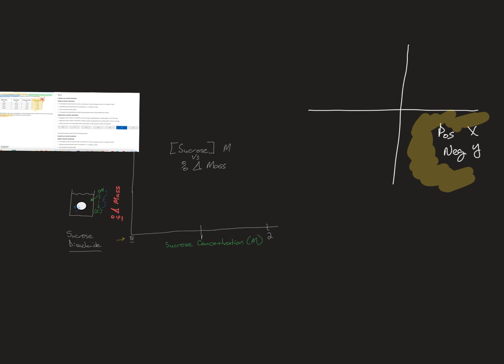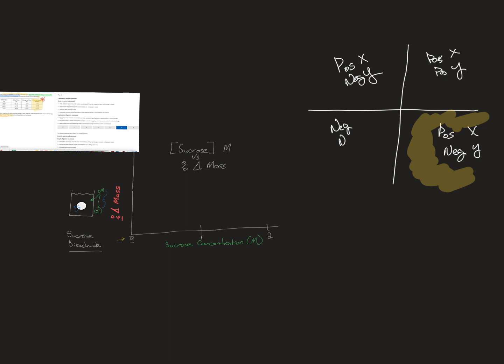Up here, you're going to have your positive x's and positive y's, because all these y's are positive, all these x's are positive. Over here, you're going to have positive x and negative y. And down here, you have negative x and negative y.